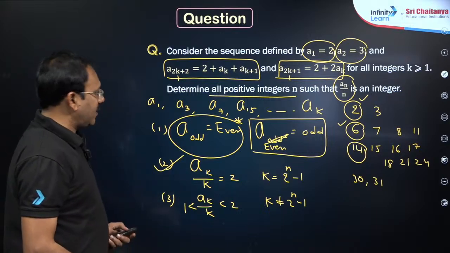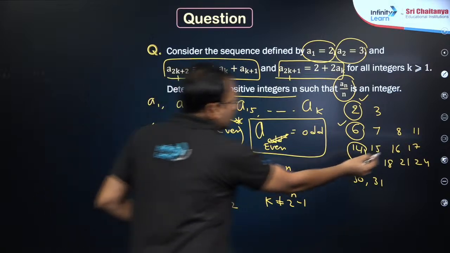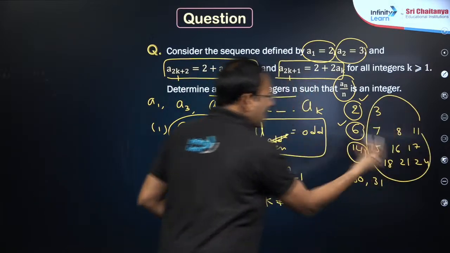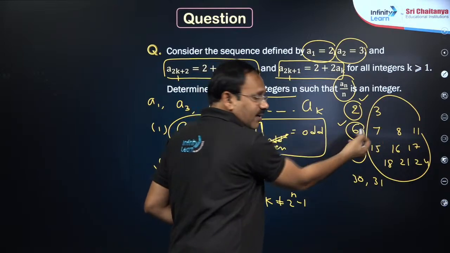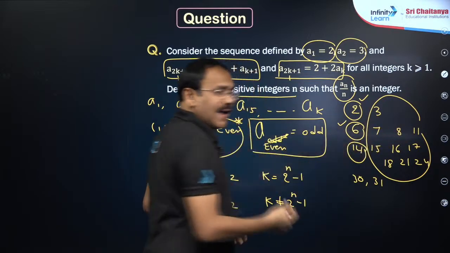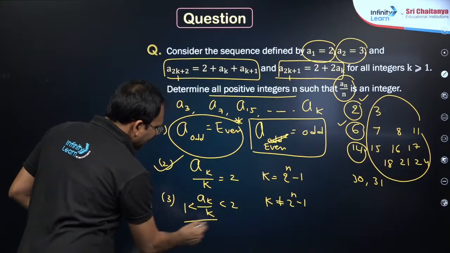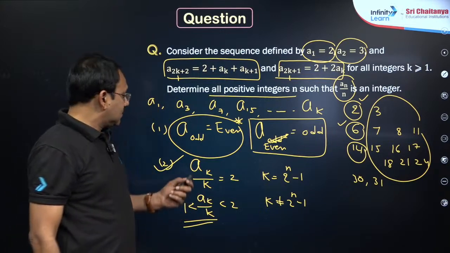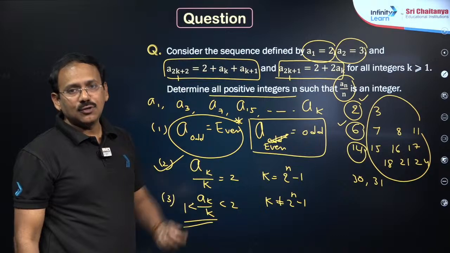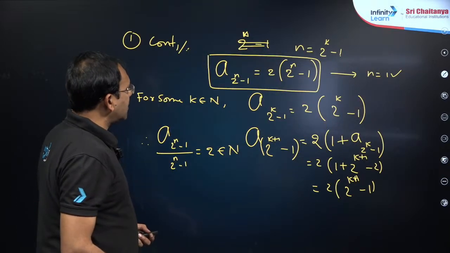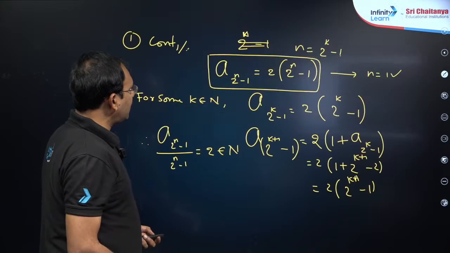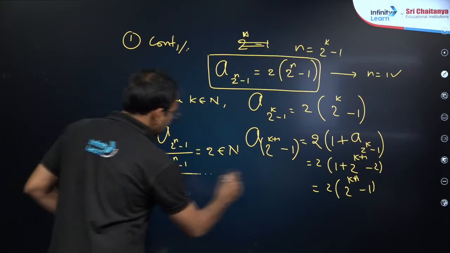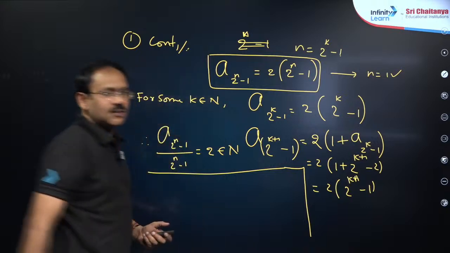Very clear that, my dear friends, other than these numbers, you observe here, clearly 3 by 2 is more than 1, 7 by 4 is more than 1. So a k by k is clearly more than 1. The next, I want to prove less than 2. Let me do here, dear students, the third part.